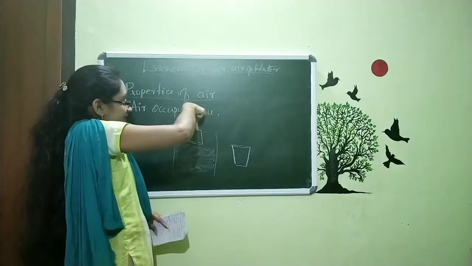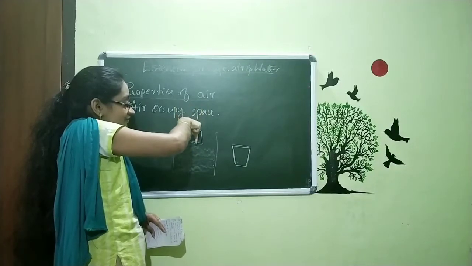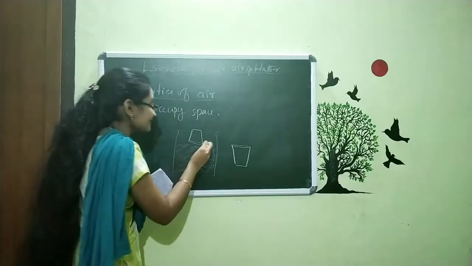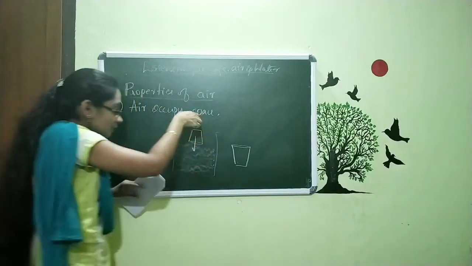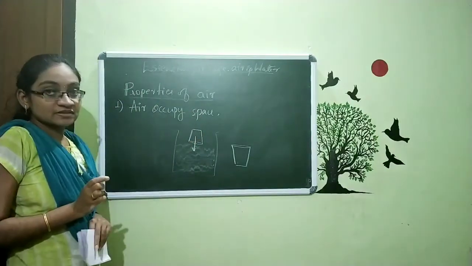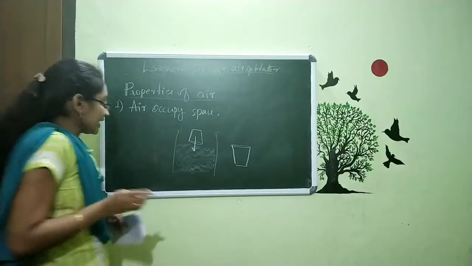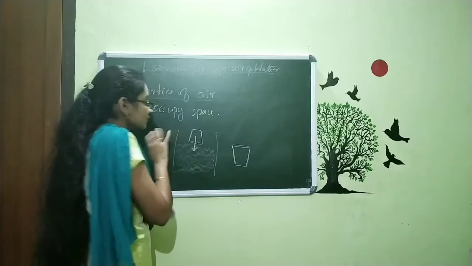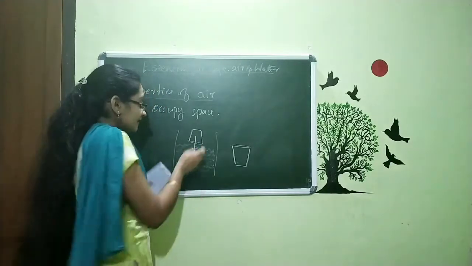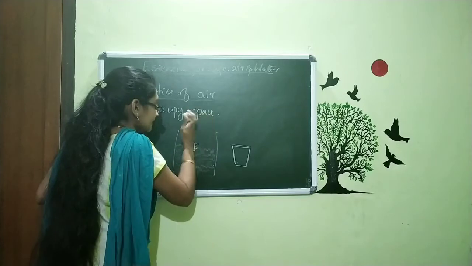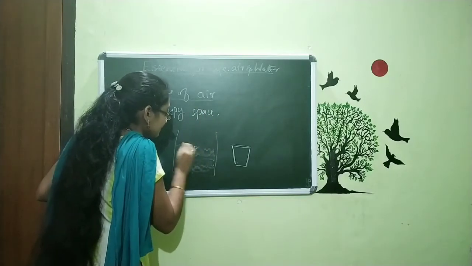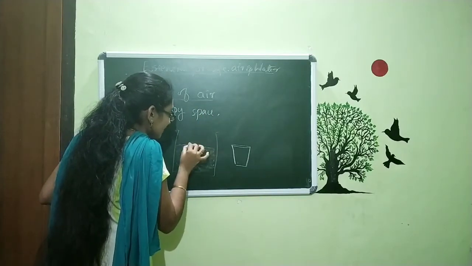When I am putting this glass inside the water without tilting, that means straight, what happens? You can see that the water does not enter the glass, but when I am tilting this glass, that means when I am keeping this glass inside the water.